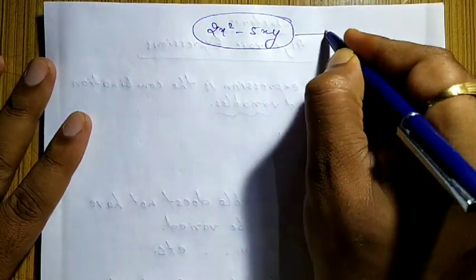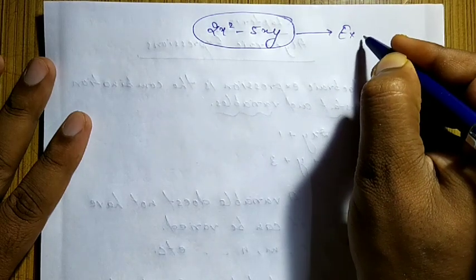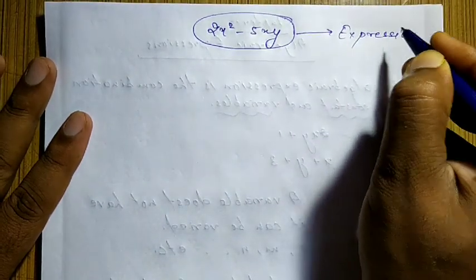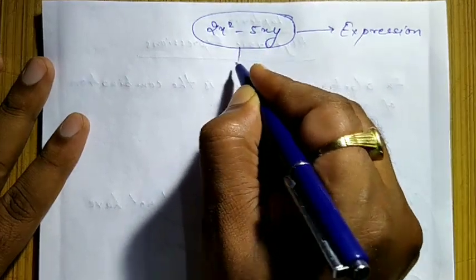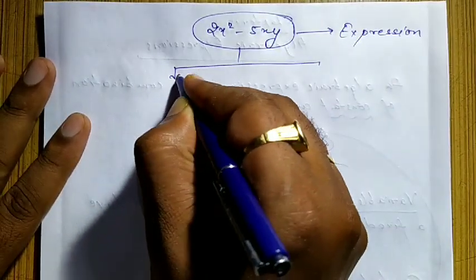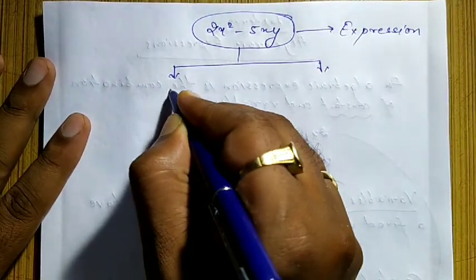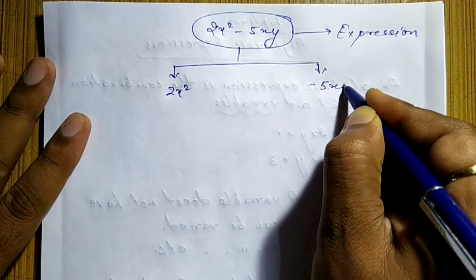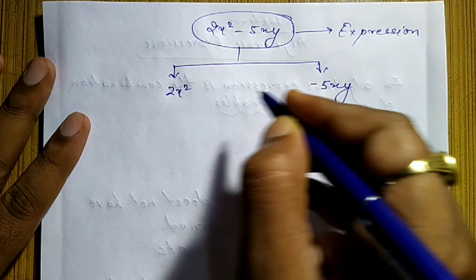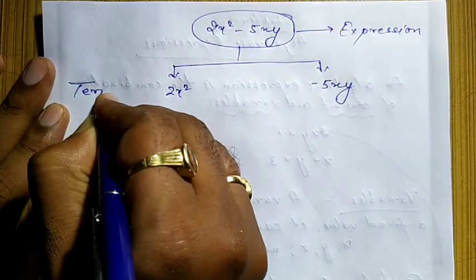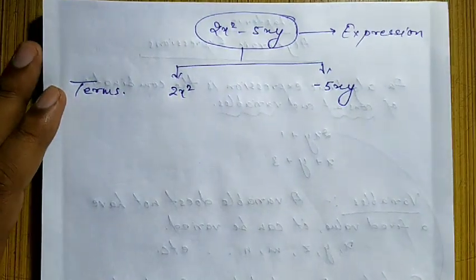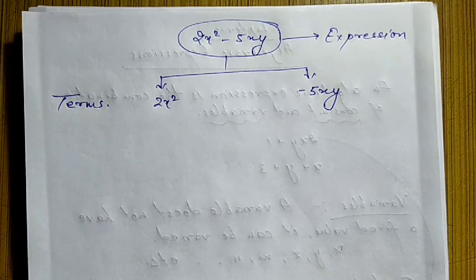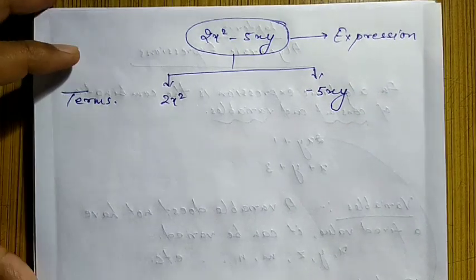This is an expression or algebraic expression. Now what are the terms? 2x square and minus 5xy. These two are terms.